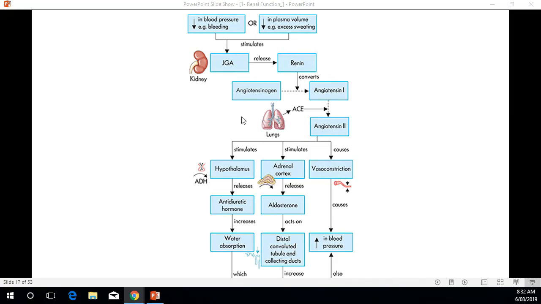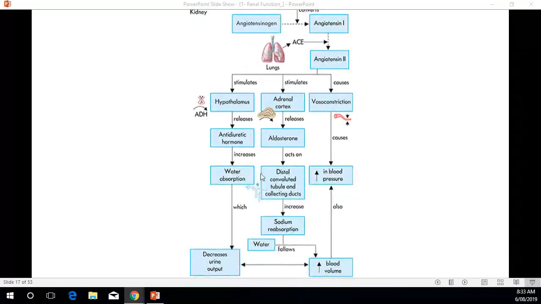As you can see, as a result of a drop in renal perfusion, renin was released, and then it activates many downstream targets. All of them work together to bring the blood pressure up or blood volume back to normal. Does that make sense? So basically, aldosterone causes sodium reabsorption. Water follows sodium, so it will increase the blood volume, which will ultimately increase the blood pressure.